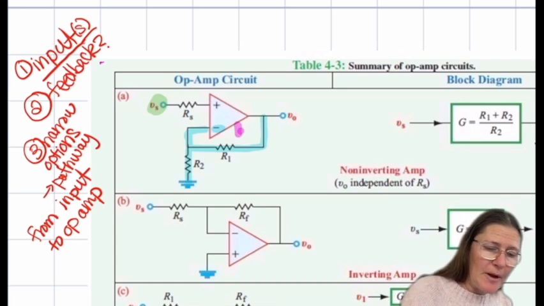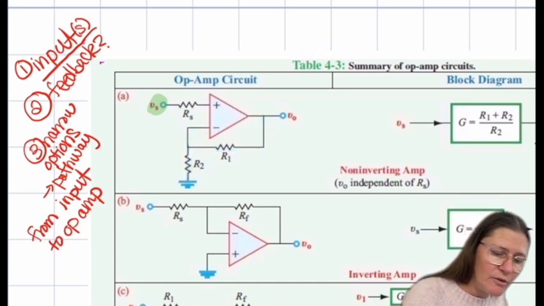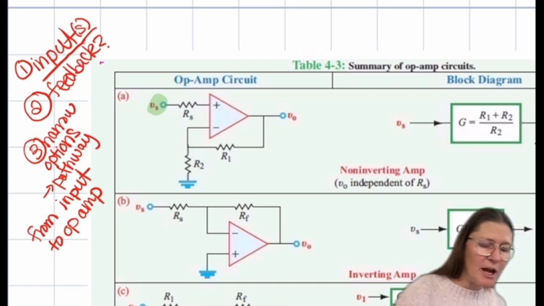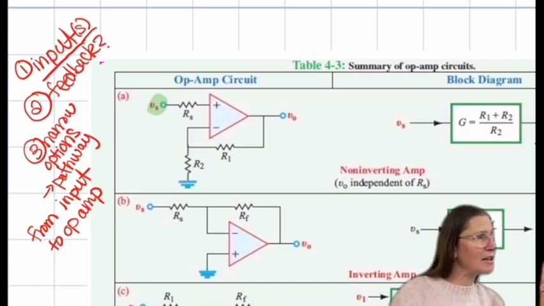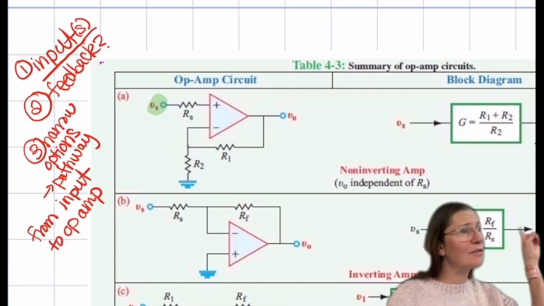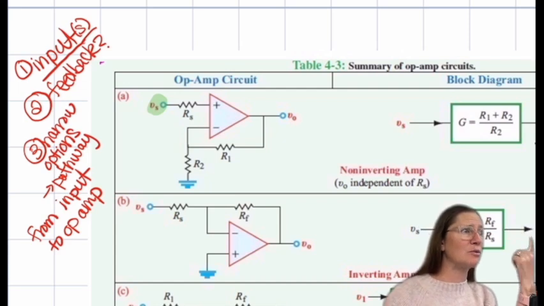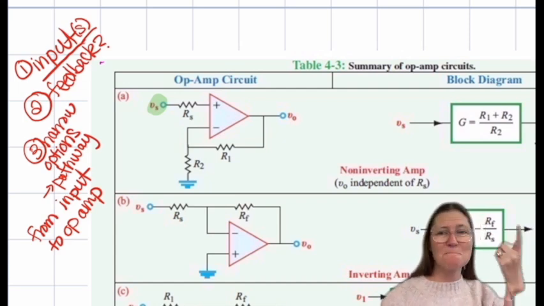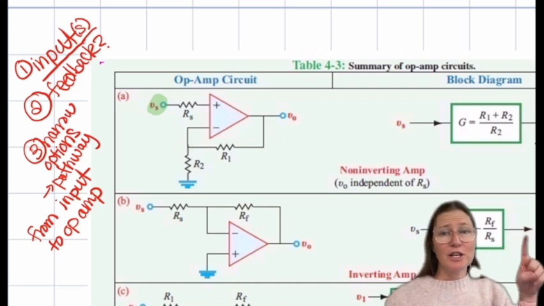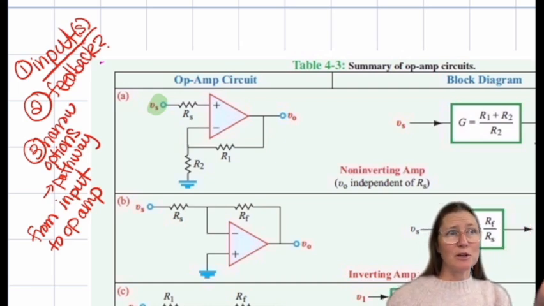Okay, so feedback or no feedback, does this one have feedback? Yes. Then I see again, how many sources do I have? In this case, 1. If I have just one input source with feedback, there are 3 options: non-inverting amp, inverting amp, and voltage follower.